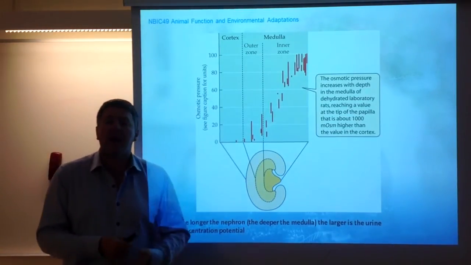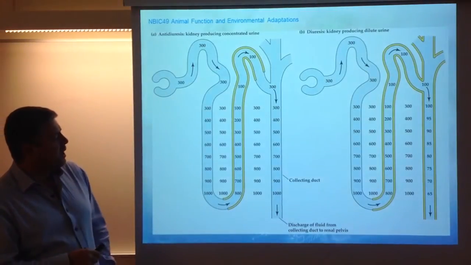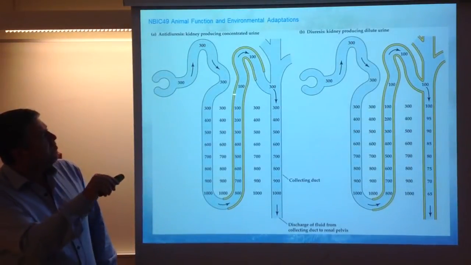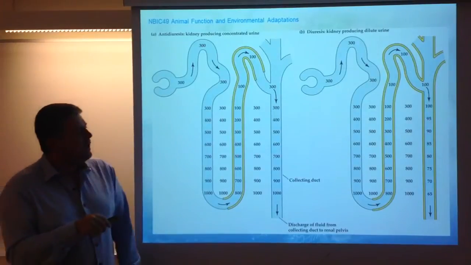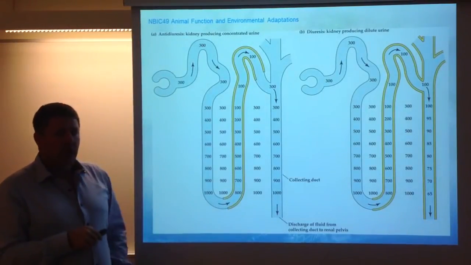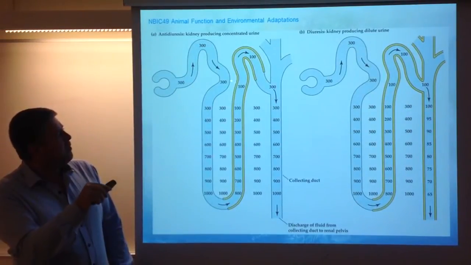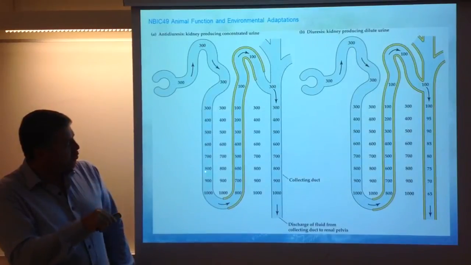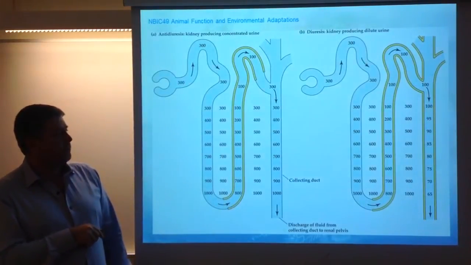The more you can concentrate the urine. This is seen in this example here, this would be the cortex, this is the medulla. What you see is a progressive increase in the osmolarity from 300 milliosmoles present in the cortex, going deep down to above 1000 milliosmoles.